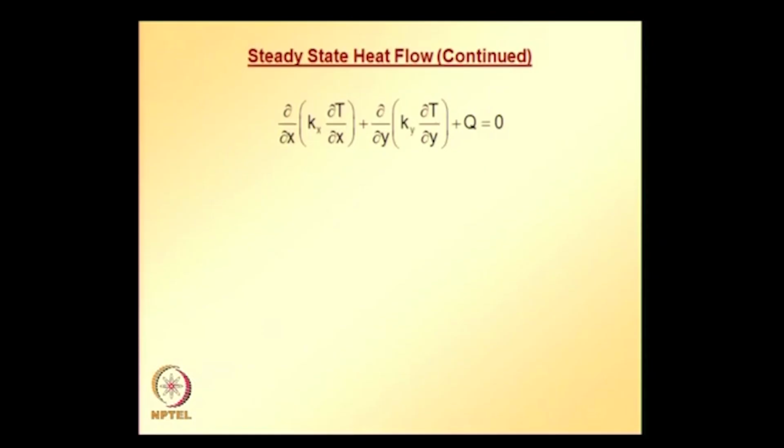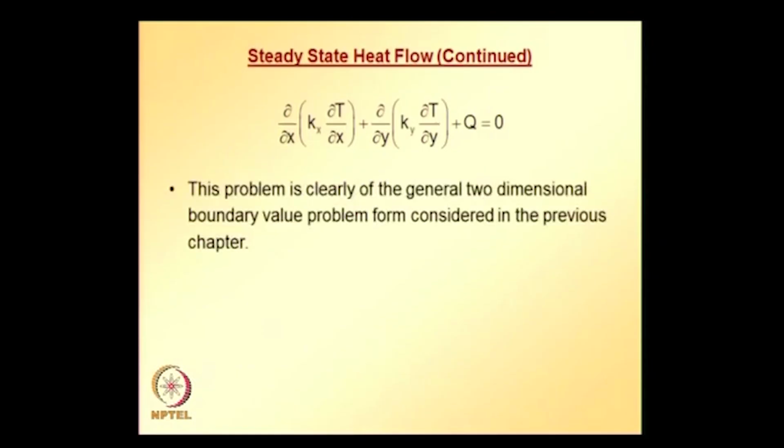And this is the governing differential equation. So, this problem is clearly of the general 2-dimensional boundary value problem form considered in the previous chapter or previous lectures. If we compare, the only thing we observe is that the p term is missing. So, p does not exist here, or p is equal to 0.